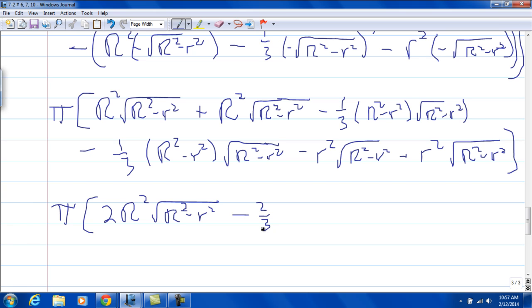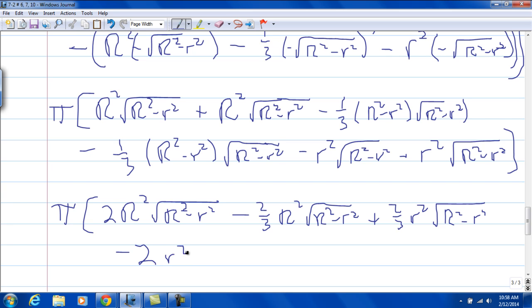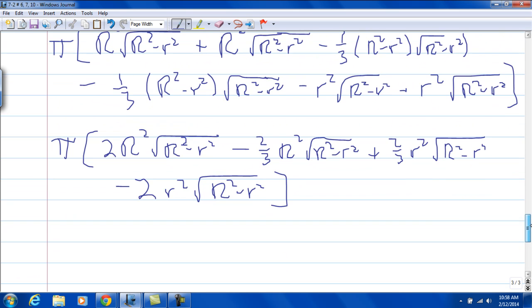So 2/3 capital R squared times that radical, and minus the negative makes it plus 2/3 of little r squared times that radical, and then we have minus 2 times little r squared times the square root of capital R squared minus little r squared. Okay, so we're almost there to bring it all together.